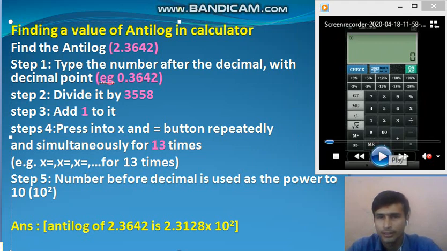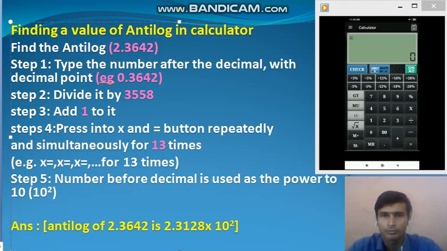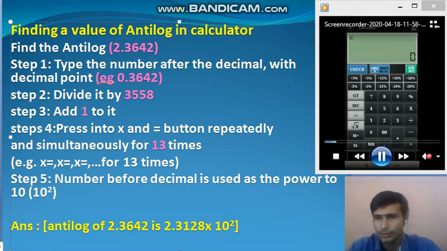Let us take another example, finding the antilog of 2.3642, right? So we first write in the calculator 0.3642. Then the second step is to divide this number by 3558, and then add 1 to this number.